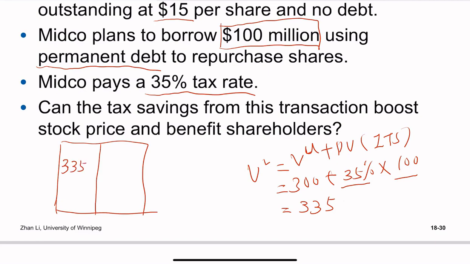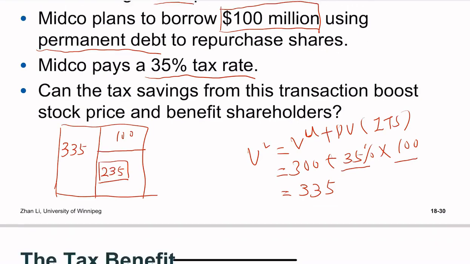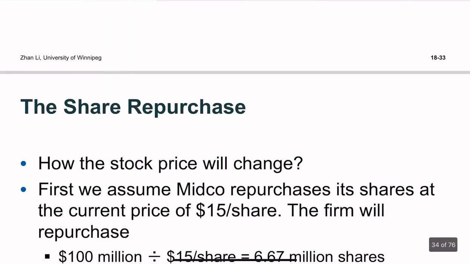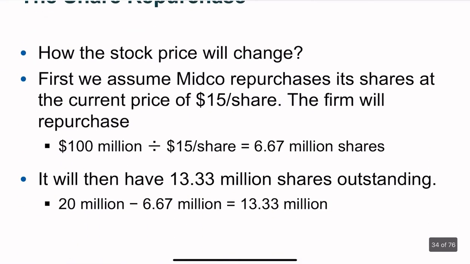And this firm will have $100 million of debt. And the firm's equity will become 235. So after the repurchase, there will be a total worth of $235 million of stock in the market. Now, our question is, how would the stock price change?